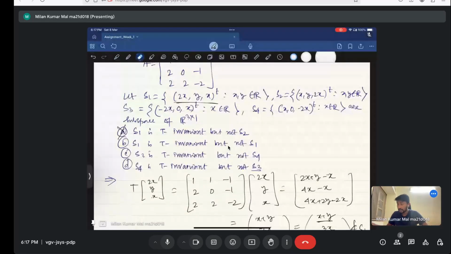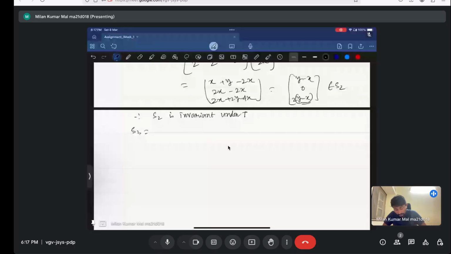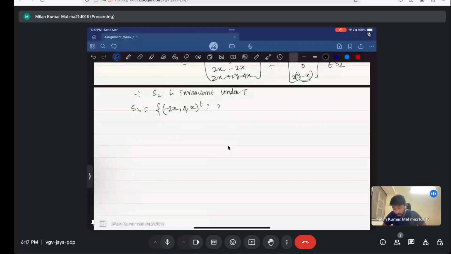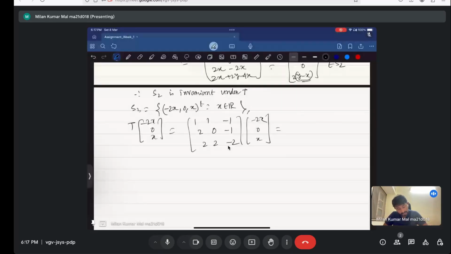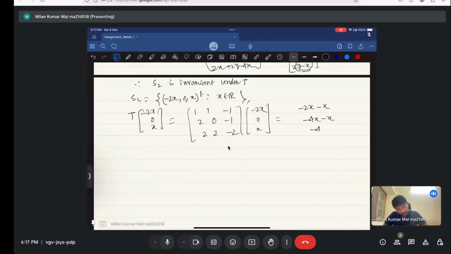So what is S3 here? S3 here is actually minus 2x comma 0 comma x whole transpose such that x is coming from R, and so therefore let's write an element 2x 0 x. This equals the matrix 1 1 minus 1, 2 0 minus 1, 2 2 minus 2, along with minus 2x 0 x. This will be minus 2x minus x, minus 4x minus x, minus 4x minus 2x.